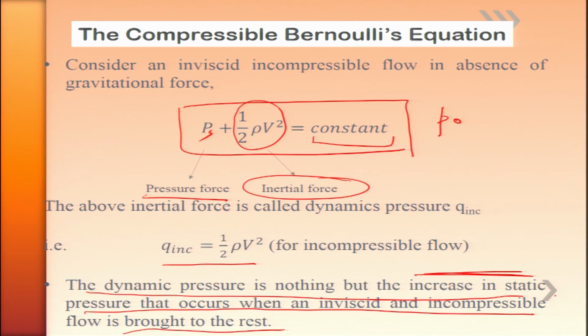But please understand that this equation has been derived from the inviscid flow momentum equation, dP by rho plus V dV, that is nothing but your Euler's equation. However, in an incompressible flow, when temperature effects are ignored, the conditions are almost approximated as isothermal.